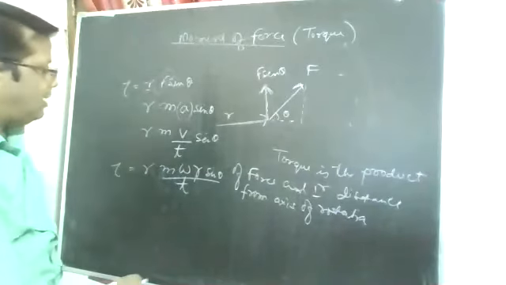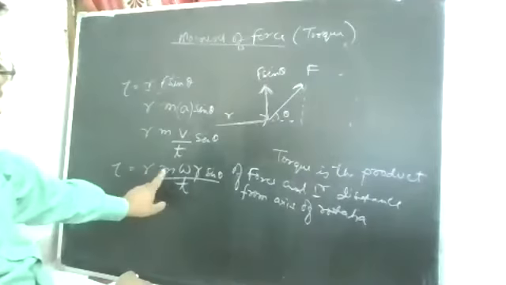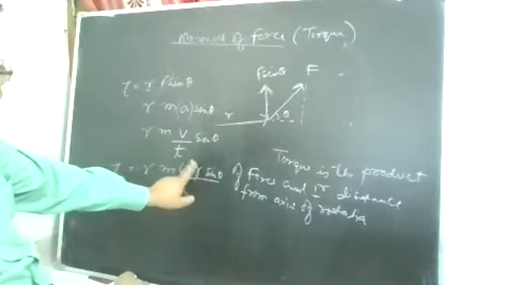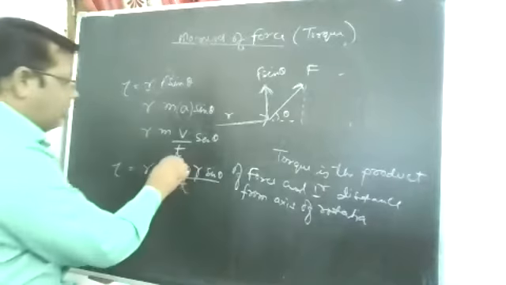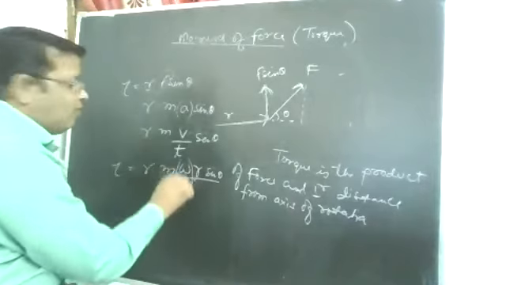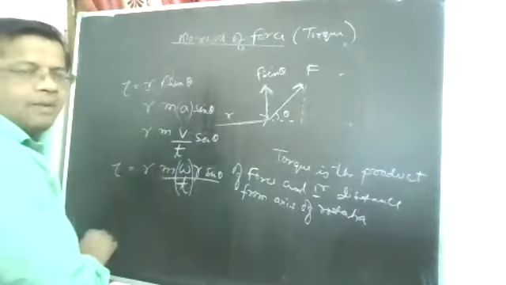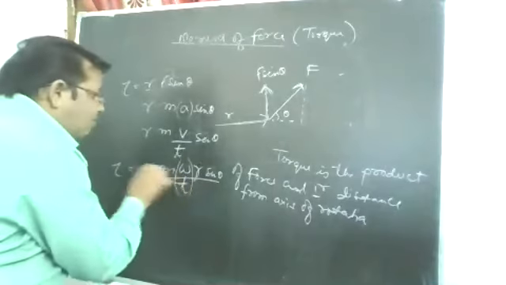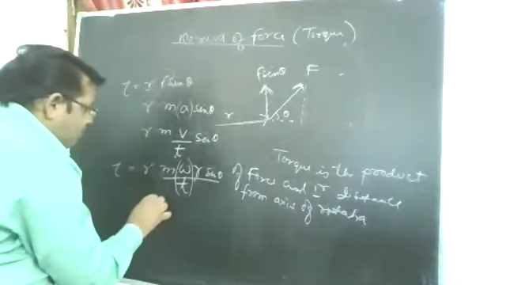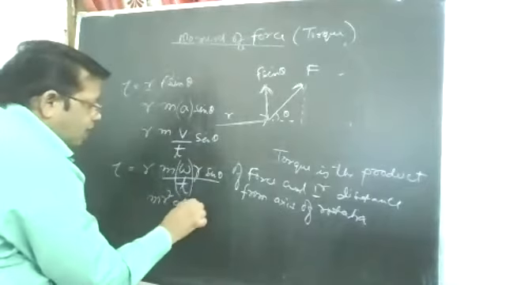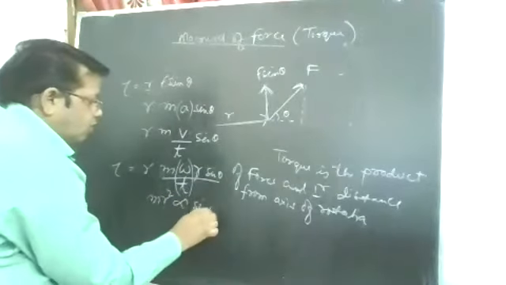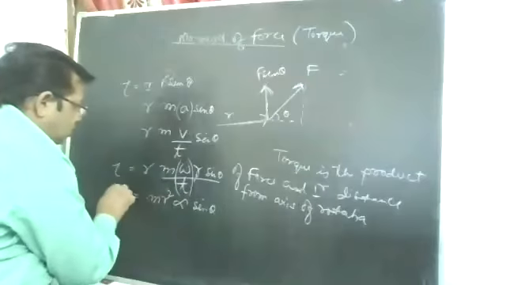You know torque, so m r square, and omega upon t is alpha, the rate of change of angular velocity with respect to time. This is alpha. So m r square into alpha into sin theta, that is torque.